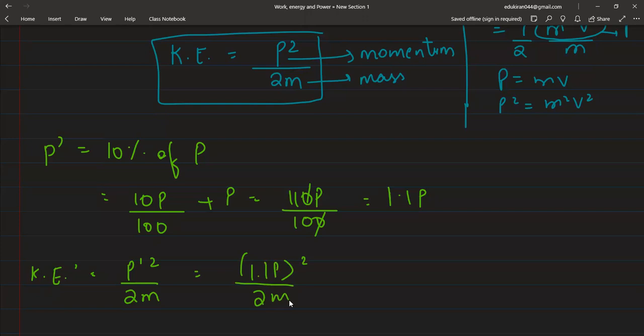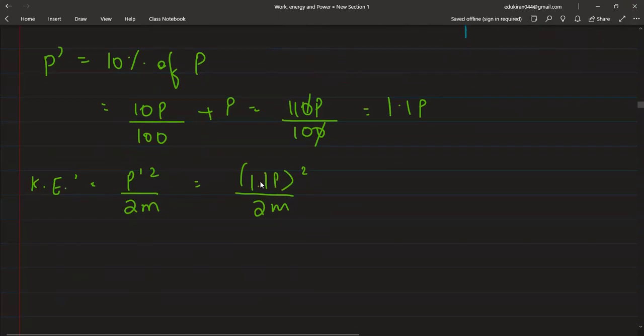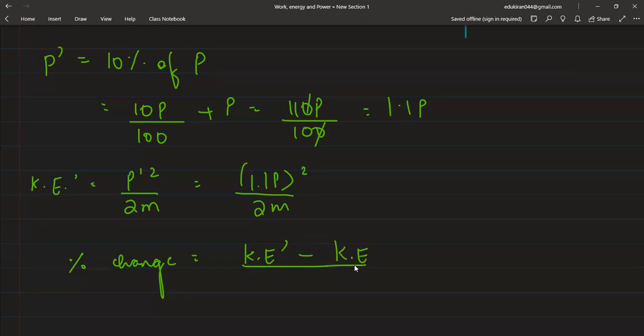See, mass of the system won't change because momentum has only changed. Now, when you are calculating the percentage change, how do you calculate it? It's the final kinetic energy minus the initial kinetic energy, divided by the initial, and then we multiply by 100.